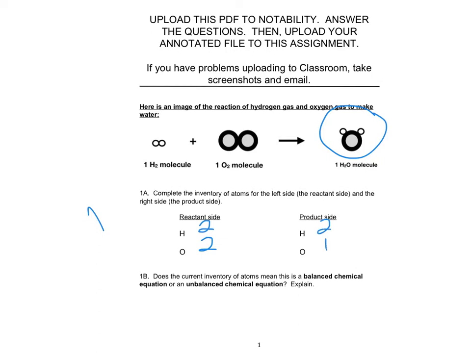Does the current inventory of atoms mean this is a balanced equation or an unbalanced equation? It's an unbalanced equation.